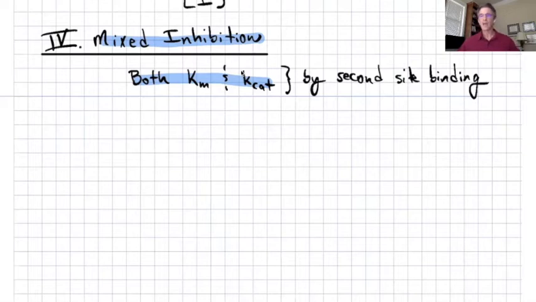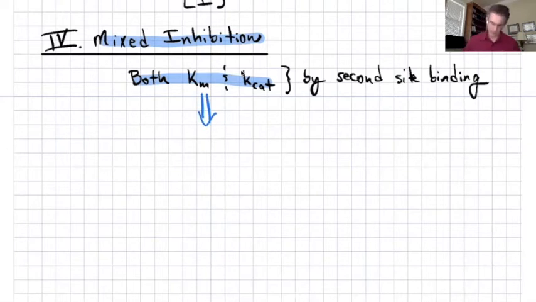Okay, having said that, there is one sort of special case of mixed inhibition where this effect of messing with Kcat and Km happens in a particular way.